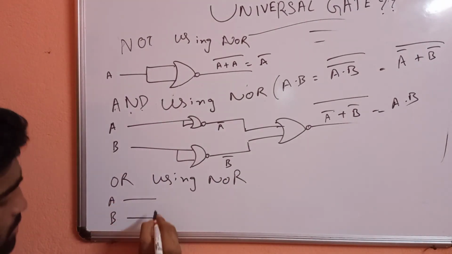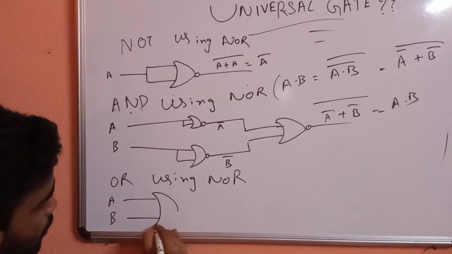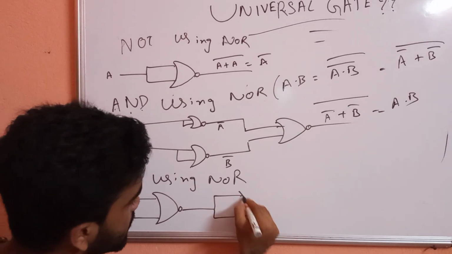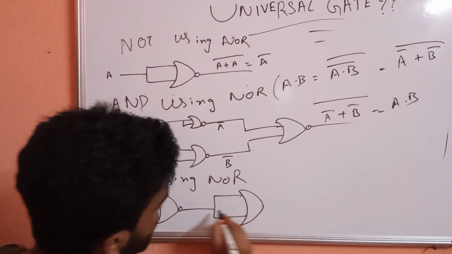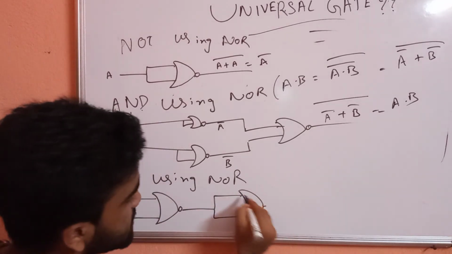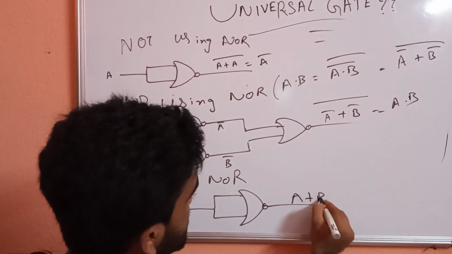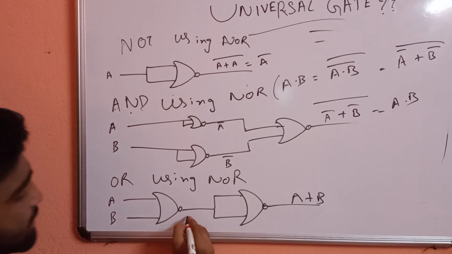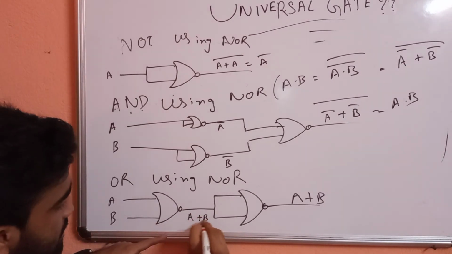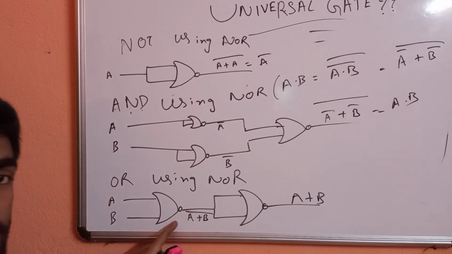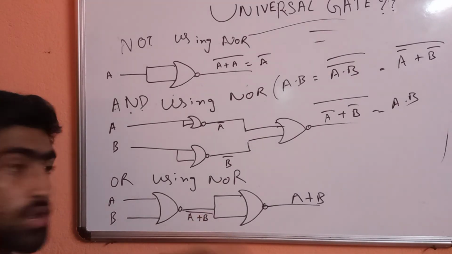Taking A and B as input, doing NOR of these two, and again doing NOR of the same input twice, we get A plus B. See how? A plus B whole complement, right? By doing NOR here, we get A plus B whole complement.